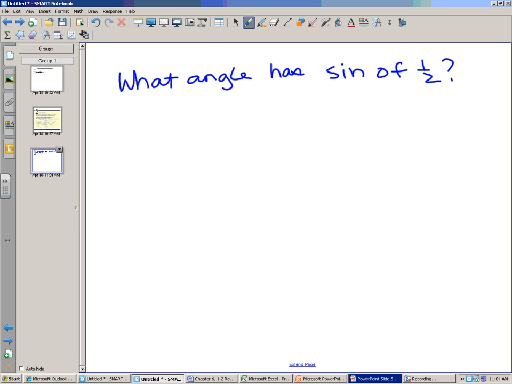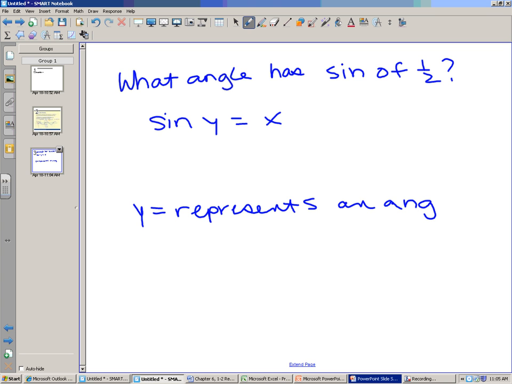Now, in other words, this says the sine of y is equal to x. Y represents an angle. More importantly, that angle needs to be where? It's our y value. Is y the range or the domain?